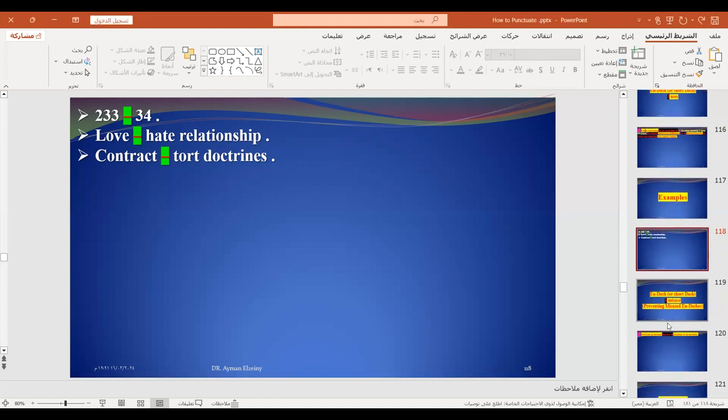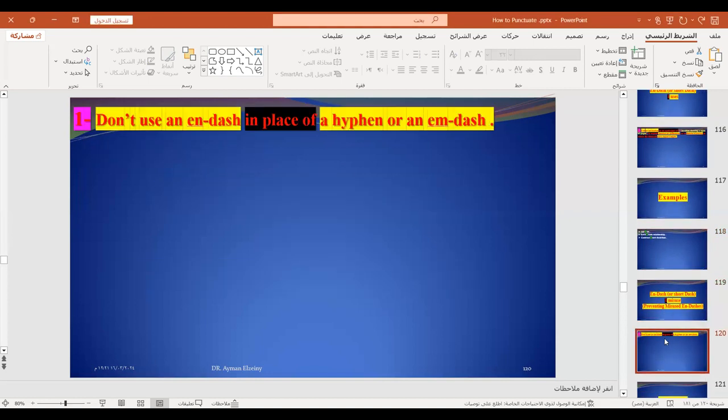The misuse of the en dash: don't use an en dash in place of a hyphen or an em dash.